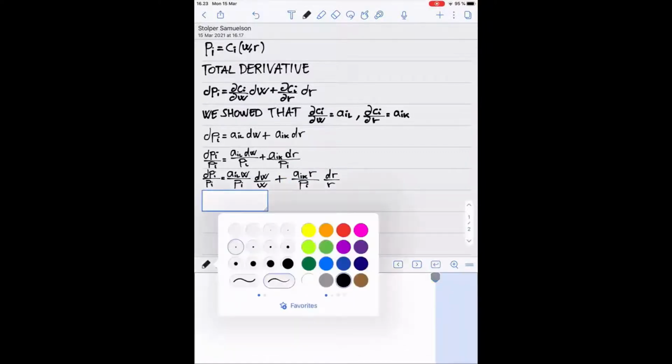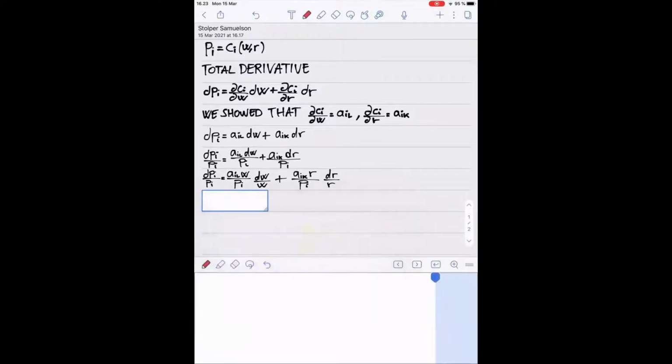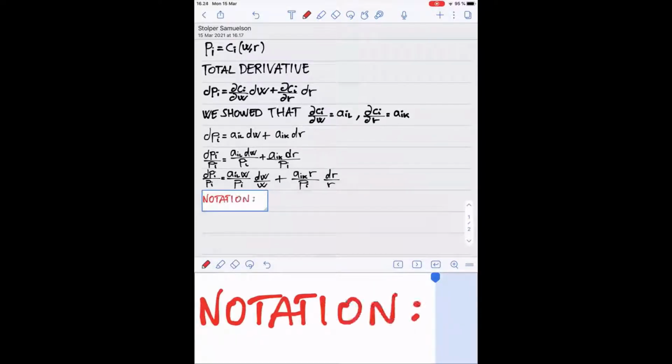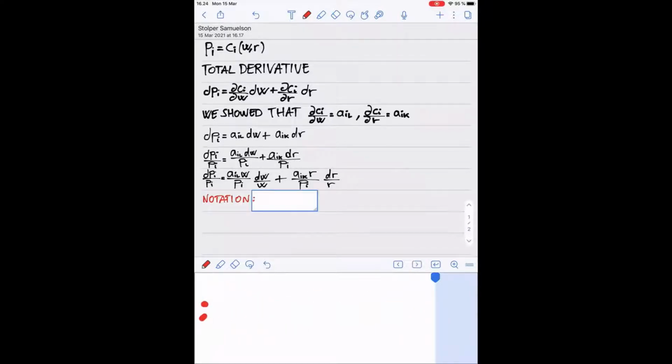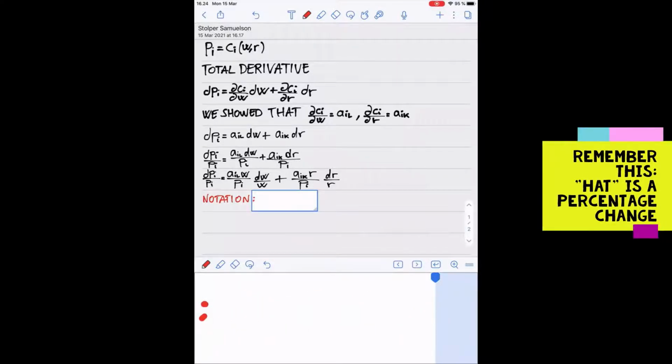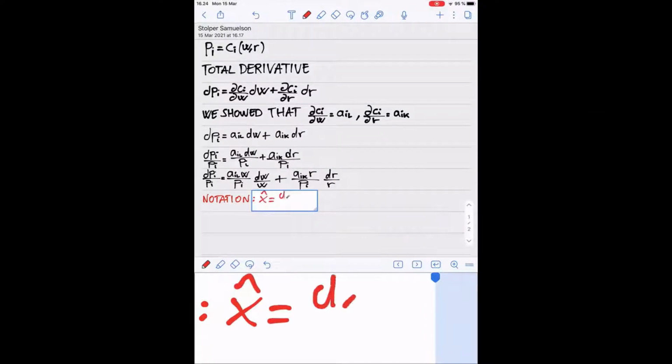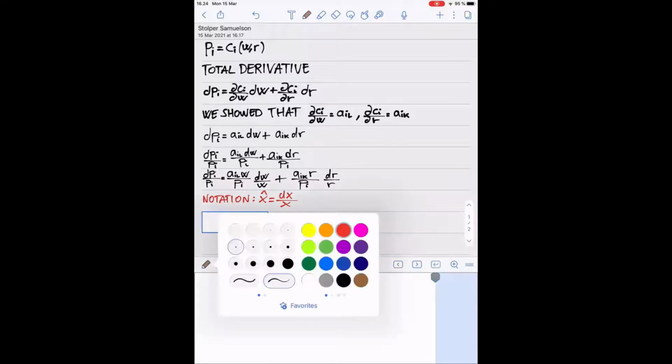and now notation. We're going to denote with hats percentage changes. So x hat is going to be equal to dx over x. Okay. So what does that mean?